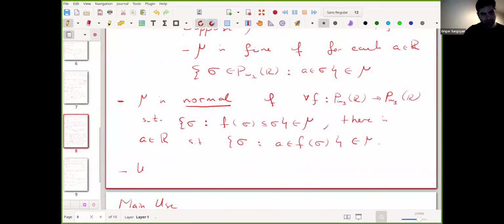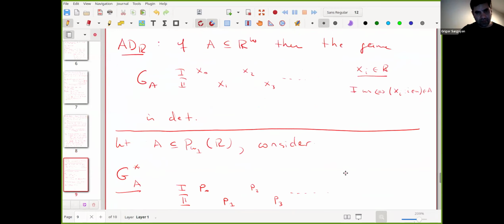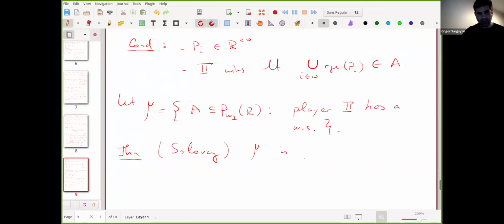So we say mu is an omega-1 supercompactness measure.